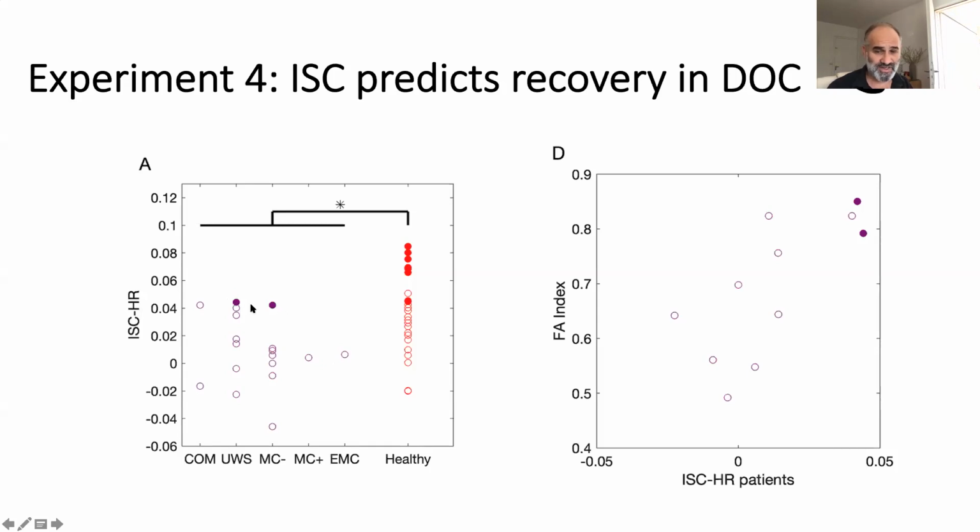So these were the two patients who were more similar in terms of synchronization to the healthy participants. Basically, these two, the only ones who had a significant correlation, were in fact the ones that recovered.